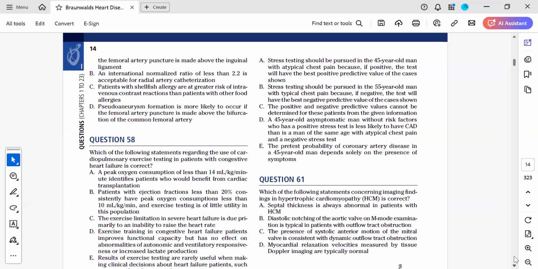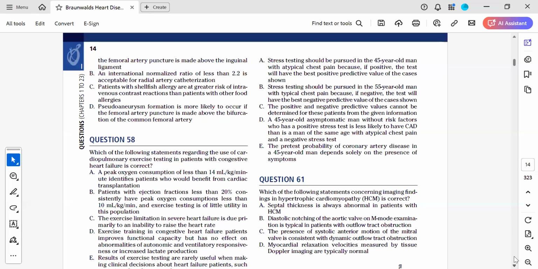The site should be proximal to the bifurcation of the superficial femoral and profunda arterial branches. If the puncture site is above the inguinal ligament, it is difficult to establish hemostasis. However, if it is below, you can apply manual compression to secure hemostasis. However, if the puncture site is distal to the bifurcation, there is an increased risk for the formation of pseudoaneurysm.